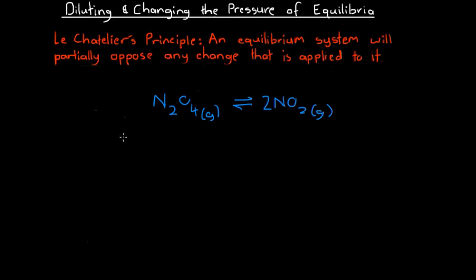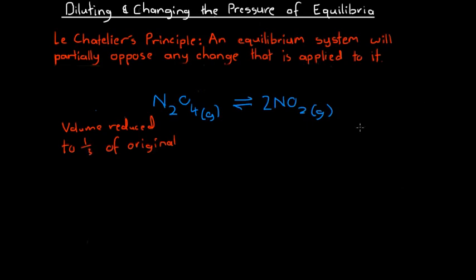We have a container containing these two gases at equilibrium, and the volume was reduced to 1/3 of the original volume. So maybe we started with a 1 litre container containing these two gases at equilibrium, and we've reduced the size of that container to 1/3 of a litre.